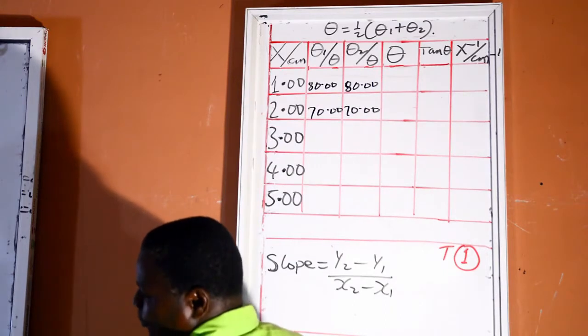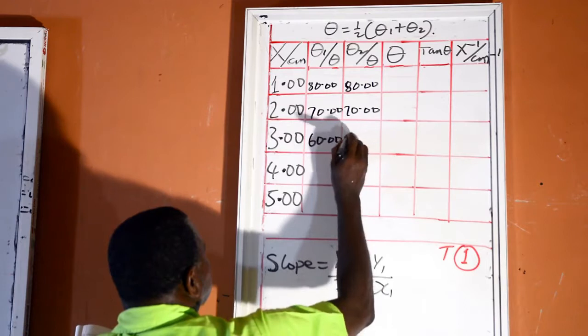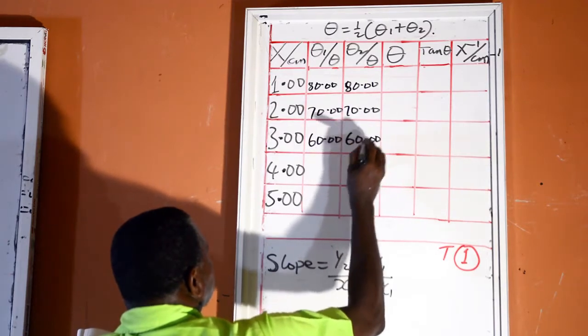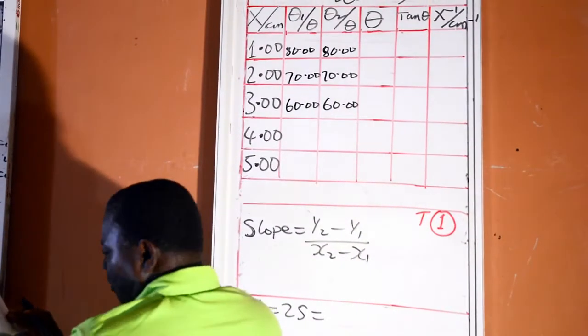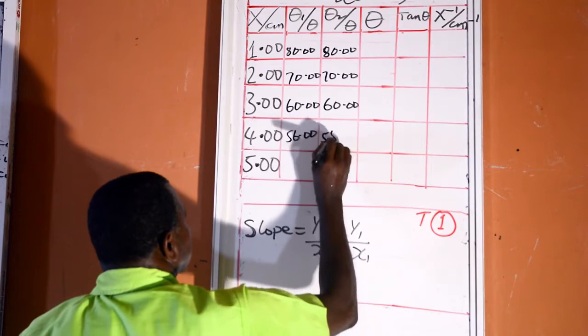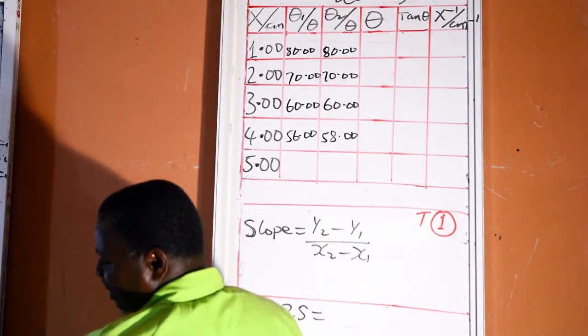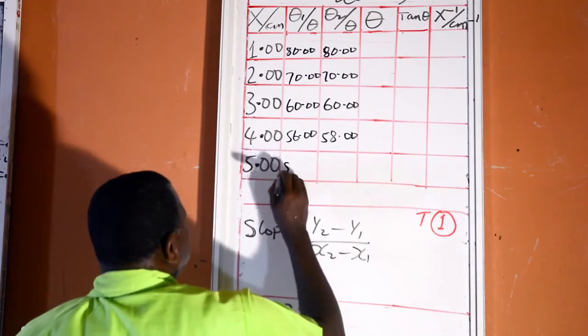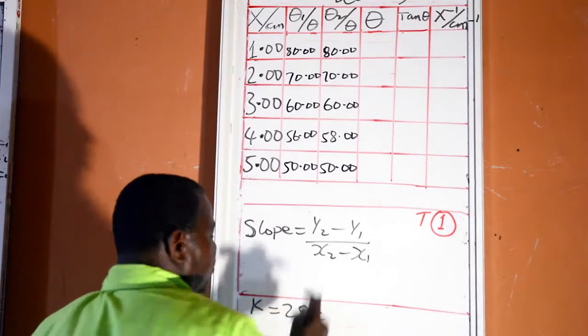For x equal to 3 centimeters, theta 1 is 60.0, theta 2 is 60.0. For x equal to 4 centimeters, theta 1 is 56 degrees, theta 2 is 58 degrees. For x equal to 5 centimeters, theta 1 is 50.0, theta 2 is 50.0.